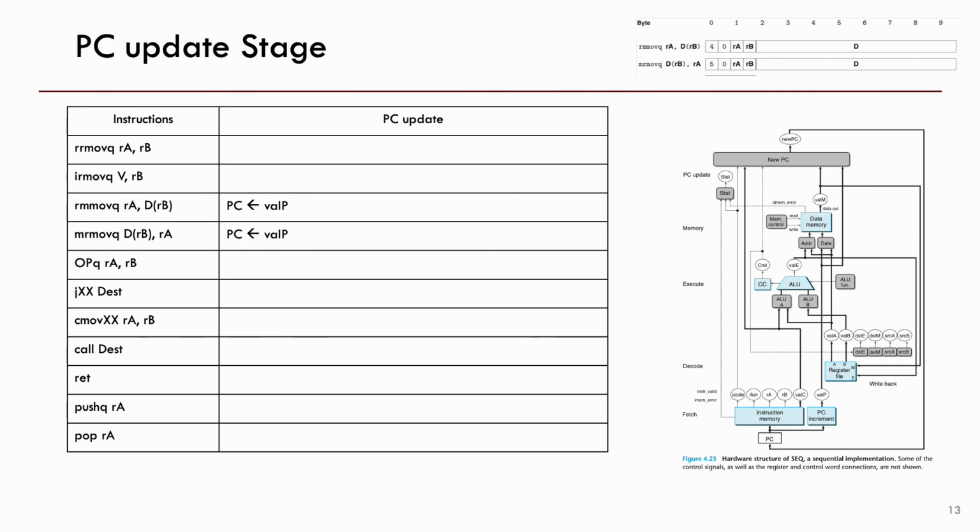And for the PC update stage, since neither RMMoveQ nor MRMoveQ changes the PC value, we will select the val_P value for the next PC, because val_P has the address PC plus 10.